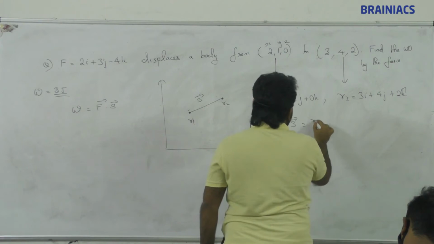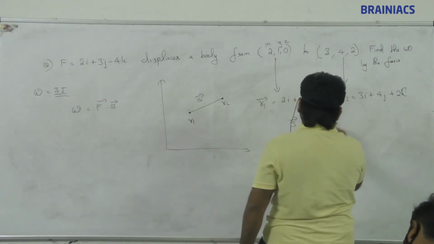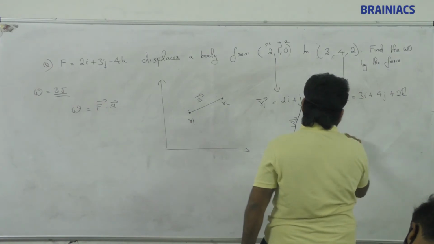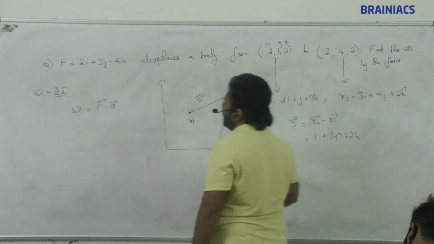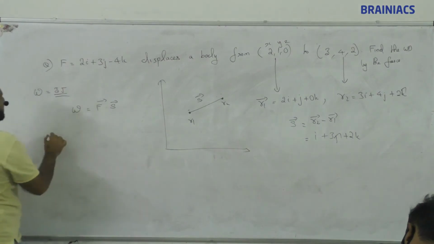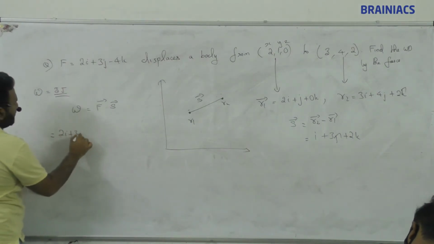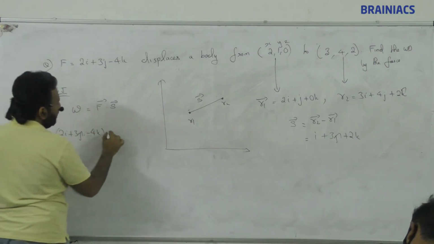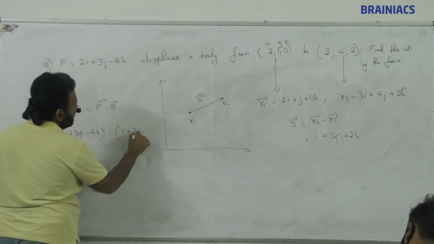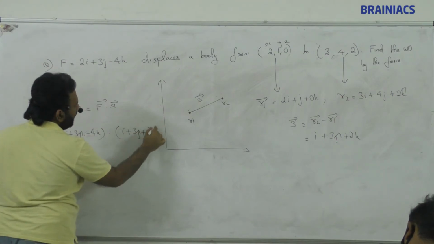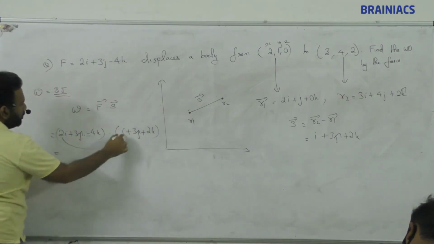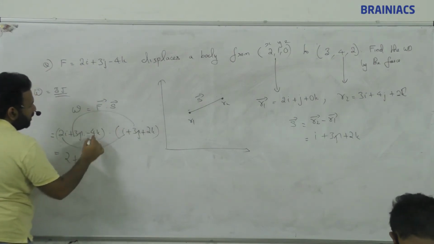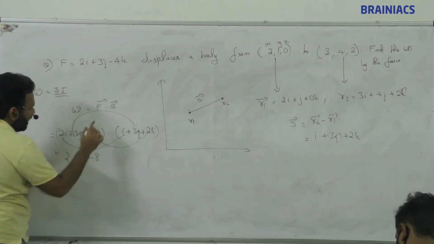Displacement is r2 vector minus r1 vector, which is i plus 3j plus 2k. So F dot S is equal to (2i plus 3j minus 4k) dot (i plus 3j plus 2k). 2 into 1 is 2, 3 into 3 is 9, 4 into 2 is minus 8.